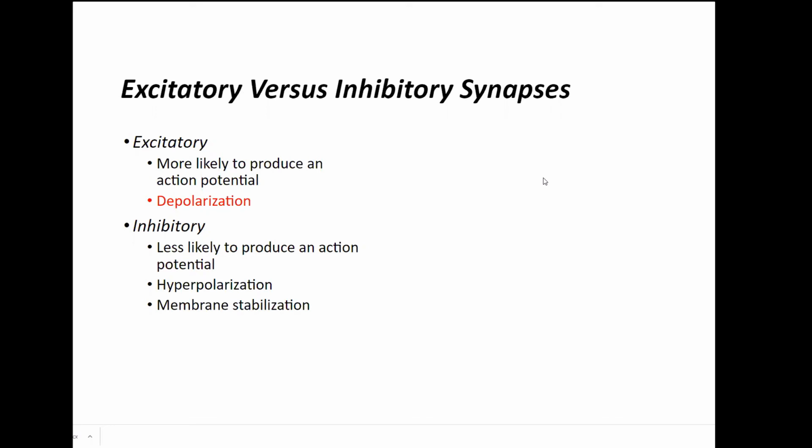Since at a synapse we have one axon, one neuron connecting up to our second neuron, our presynaptic and our postsynaptic neurons connecting to each other, we can refer to specific synapses as excitatory or inhibitory. So if we have an excitatory synapse, neuron 1, that presynaptic neuron, is releasing a neurotransmitter that causes depolarization in the postsynaptic neuron.